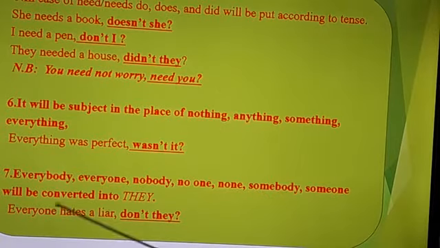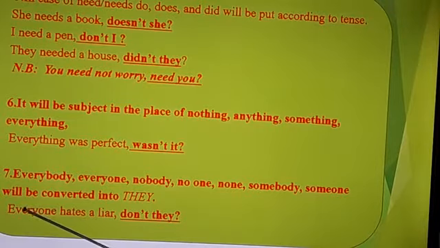And the very important rule, that is number 7: if you find everybody, everyone, nobody, no one, none, somebody, someone, then you have to make the subject into they. Everyone hates a liar, don't they?